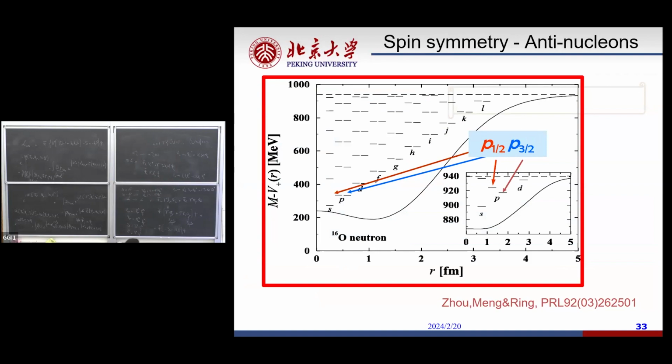So for example, this is oxygen 16, because we have scalar potential and vector potential, right? So we can plot out, this is the neutron potential for the neutrons. Simultaneously, we're also plotting the potential for the anti-neutrons.